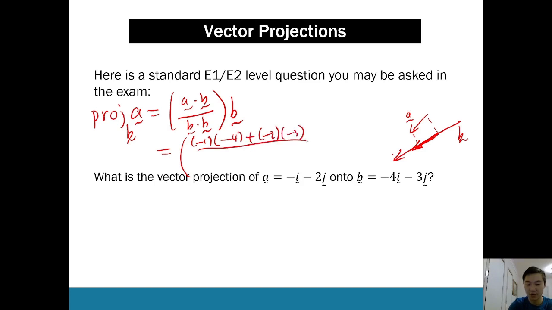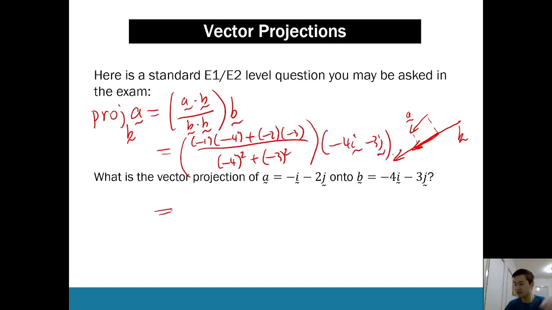The dot product of B with itself is -4 squared plus -3 squared. And that's all multiplied with -4i minus 3j.